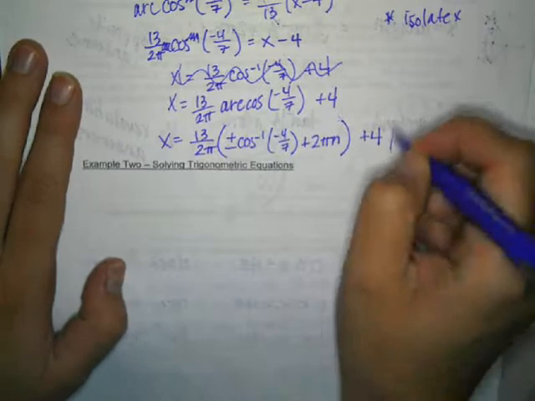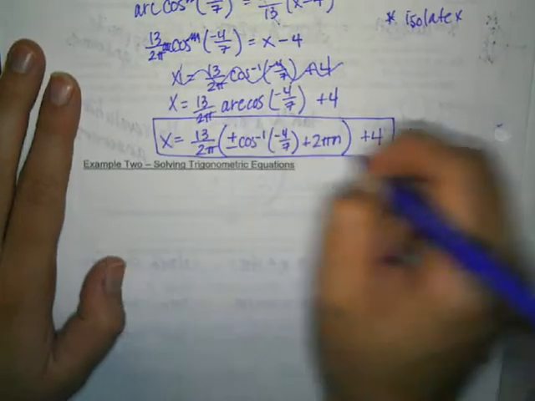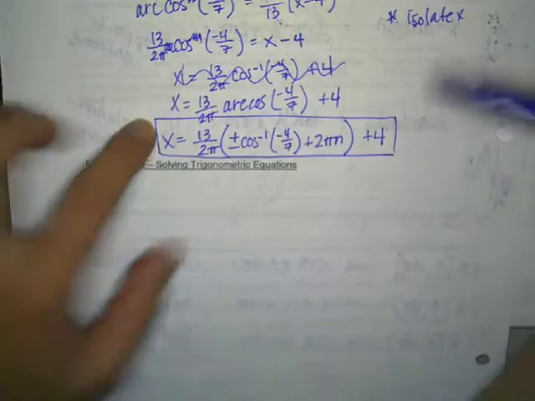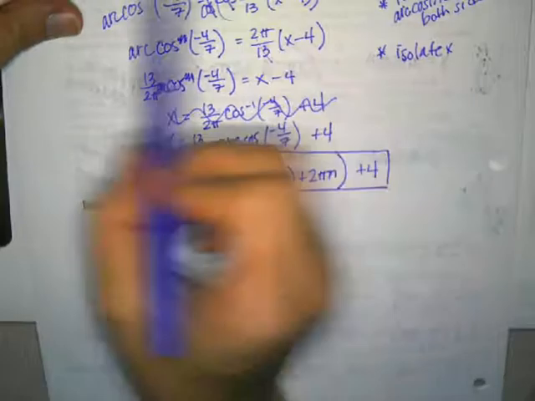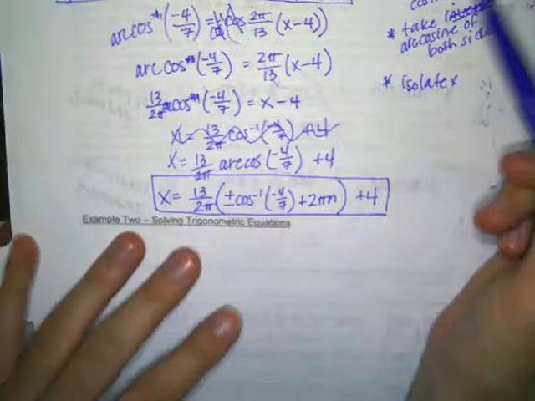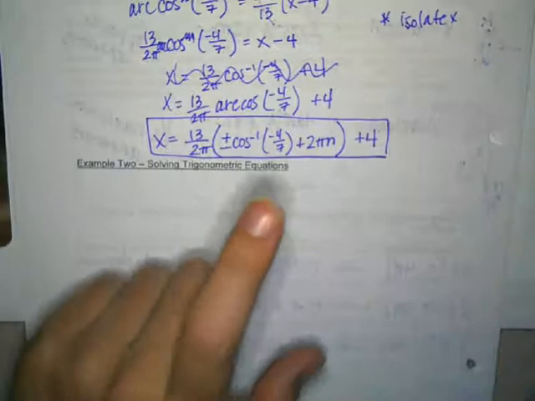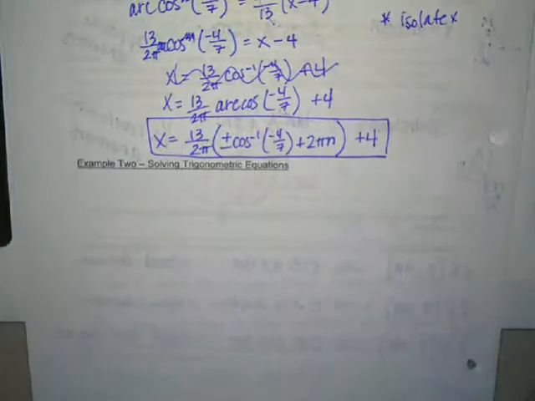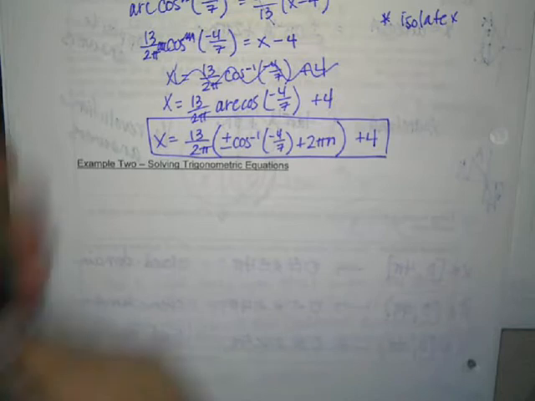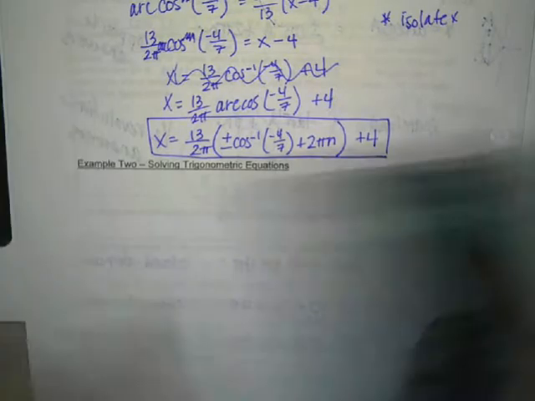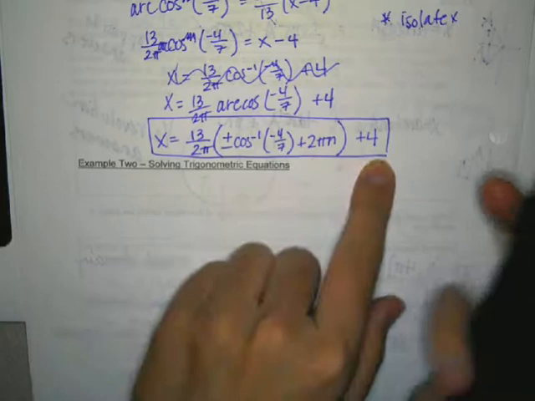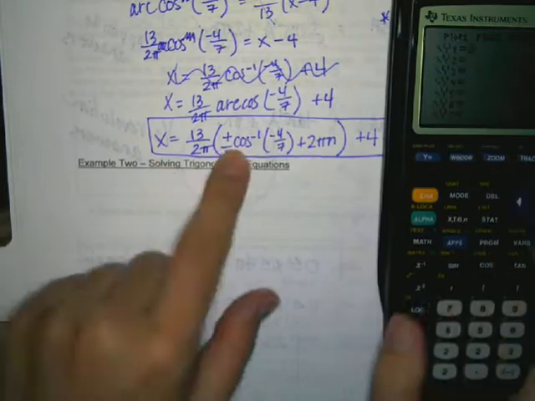Now, I'm going to stop there because when I go back up here, find the first 5 positive values of that. This is where we use our graphing calculator and our table to come up with those solutions. Because technically we have two equations here.